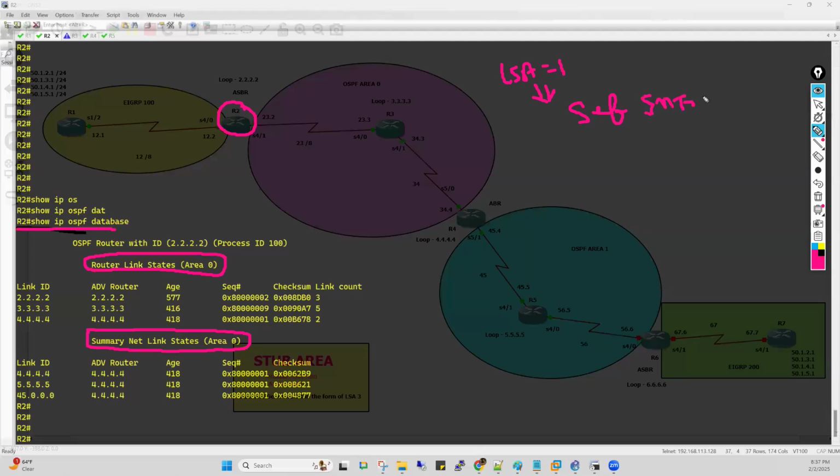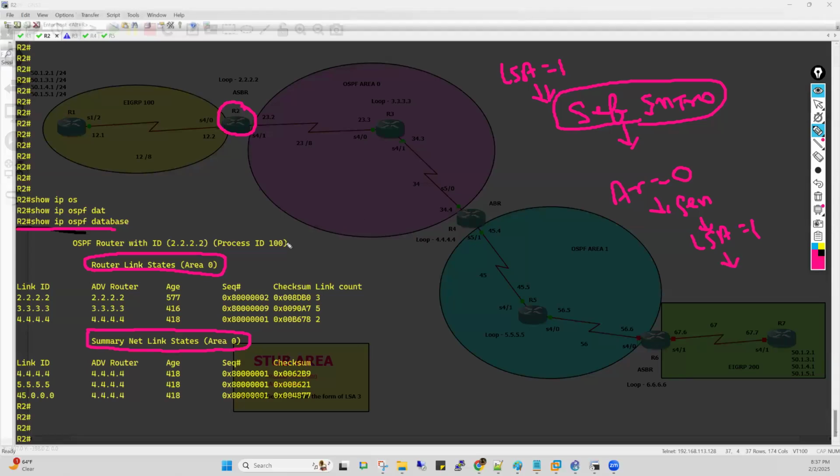I told you. This is self introduction. Clear? So self introduction means every router in area number 0, every router in area number 0 generates which LSA? LSA number 1, right? Yes or no?